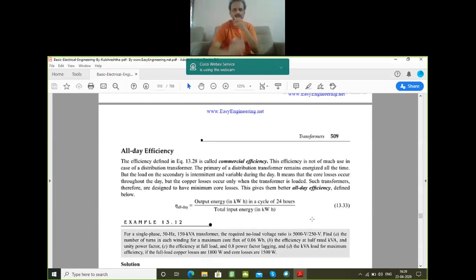So whatever output energy is given by the transformer divided by the total input energy, output by input, that is the all day efficiency, measured for 24 hours in a day in kilowatt hours. So this is about all day efficiency.